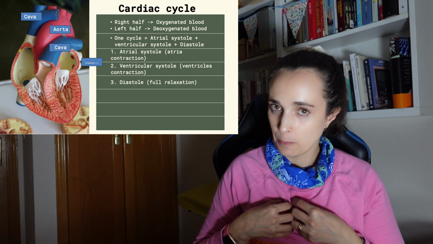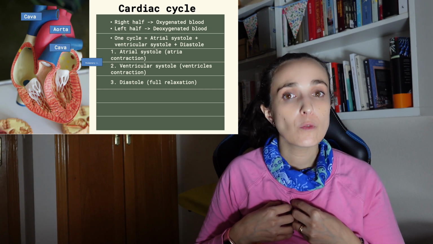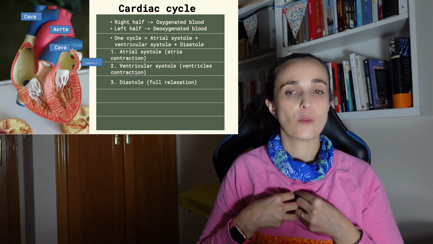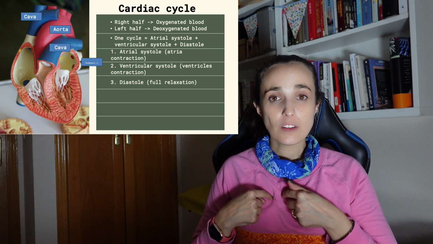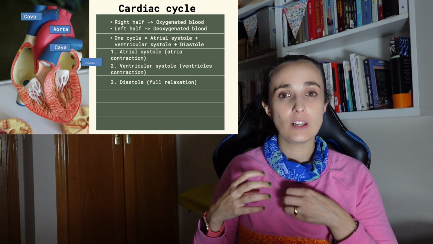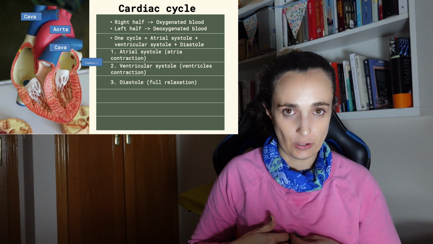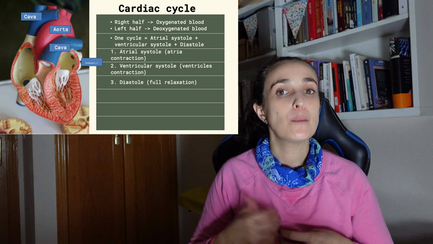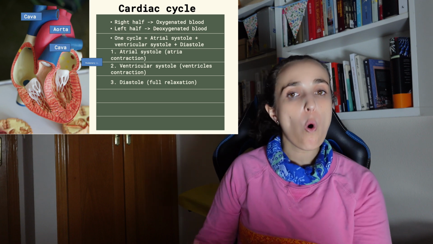Where do we come from? Our blood has just come from the lungs with new oxygen, so we have really rich oxygenated blood. Okay, this blood will be pumped, this is called the atrium systole, to the right ventricle, and from there will be pumped again in the ventricle systole to all the body.